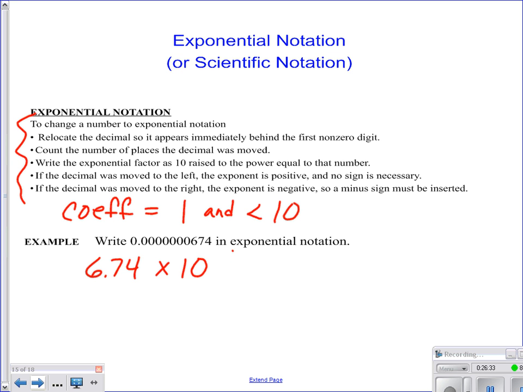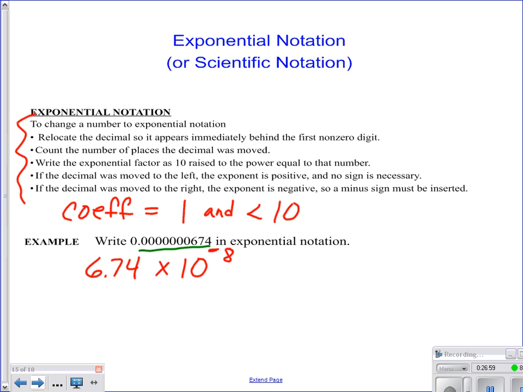Well, let's go back and think to ourselves, is this number right here a really, really big number or a really, really small number? It's really small. So what does that tell you about the sign of your exponent? It needs to be negative. That's the easiest way to do it. Some people like to memorize, well, when you move in that direction or you move in this direction, you get positives or negatives. But you have to think about which direction you're heading as well.